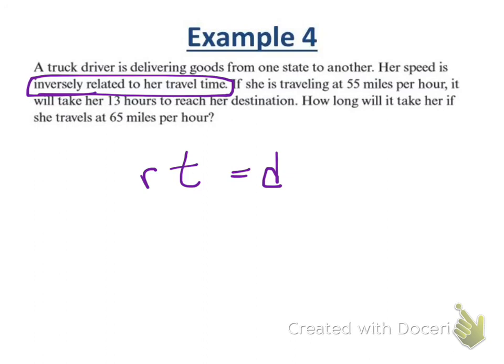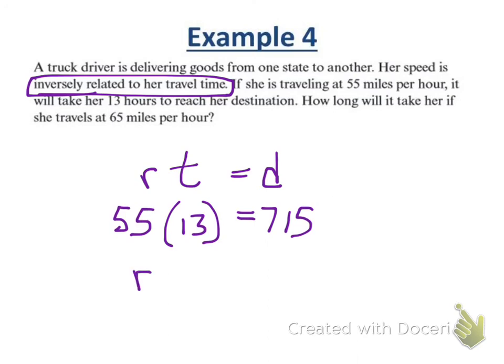I said 55 and wrote 15. Her travel time is 13 hours, which means her distance is... Y'all all have calculators and you're staring. 715. So the relationship we're working with here is her rate times her time will always be 715 miles.